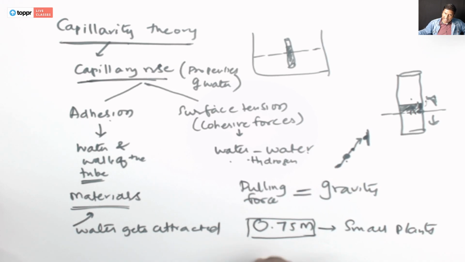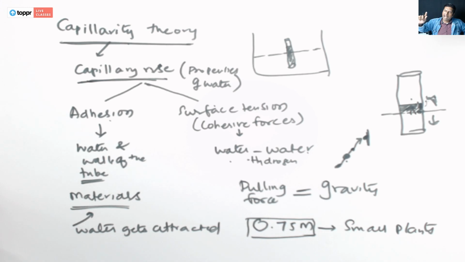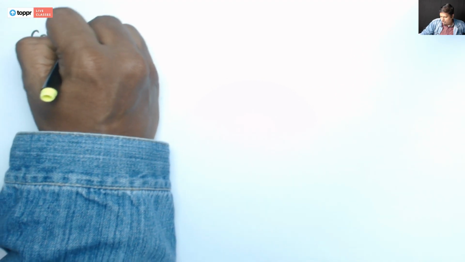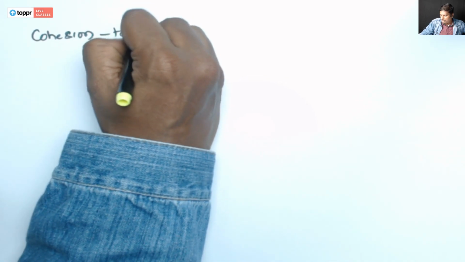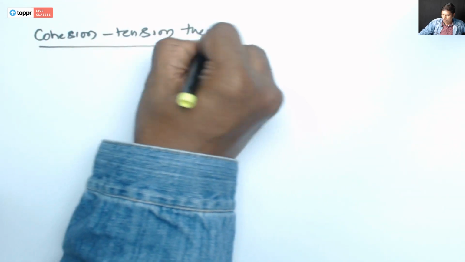But again, capillarity theory cannot explain how the water is actually reaching the tip of a plant, which is almost 100 or 110 meters in height. In order to explain that concept, we have to look at the cohesion theory, or cohesion tension theory.